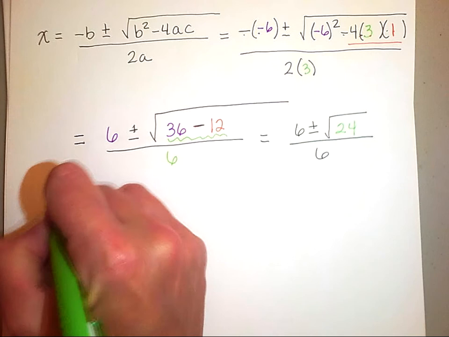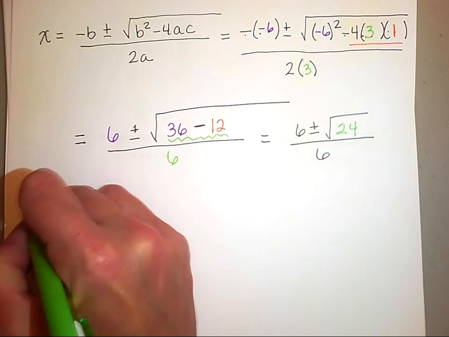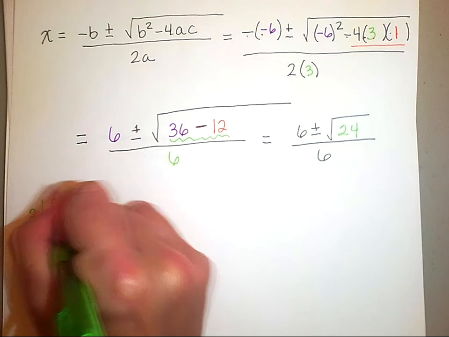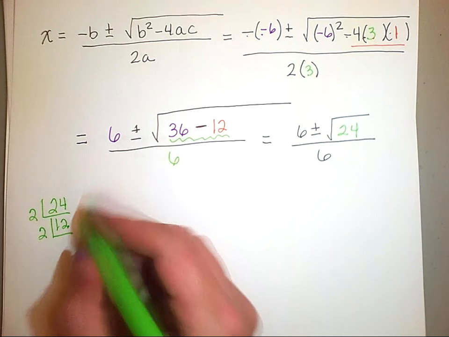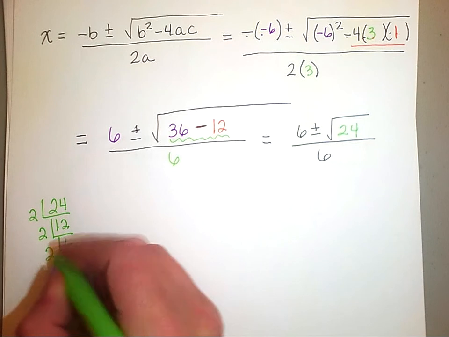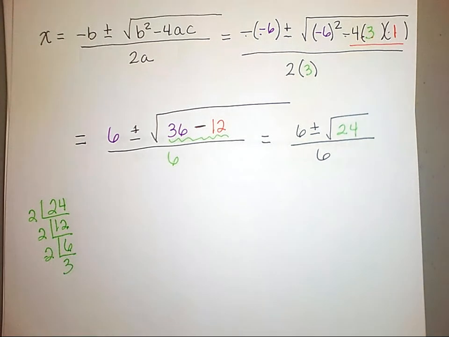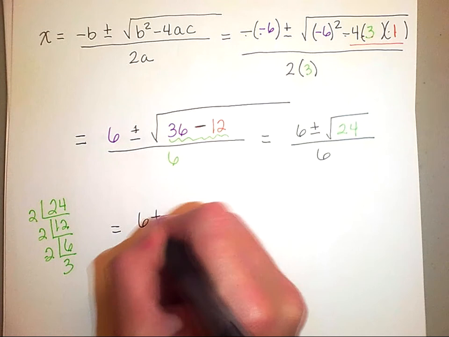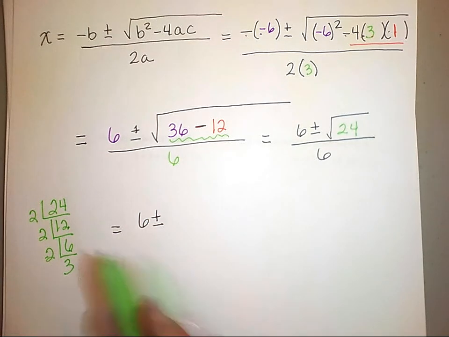We're almost done. We just need to simplify this radical. So 24, finding the prime factorization, 2 goes into 24 12 times, and 2 goes into 12 6 times, and 2 goes into 6 3 times. Okay. So what that means is we can have 6 plus or minus.